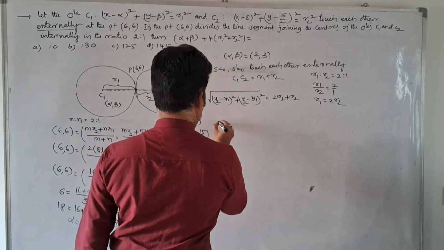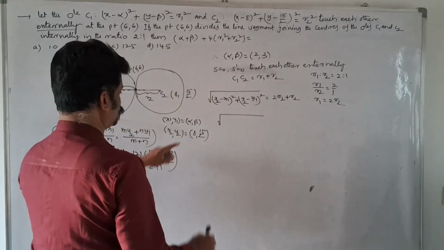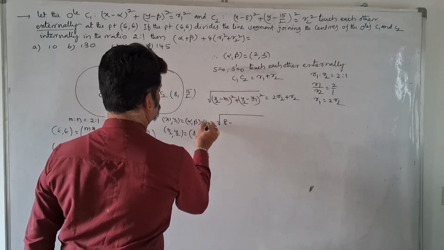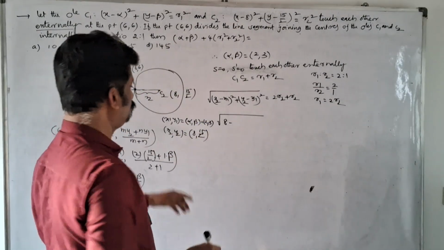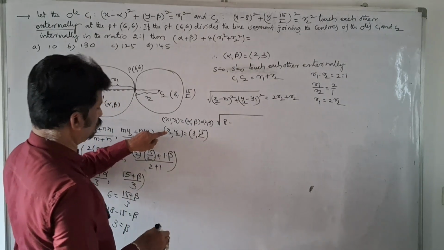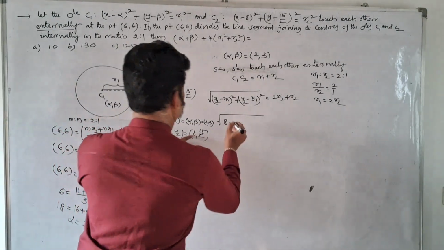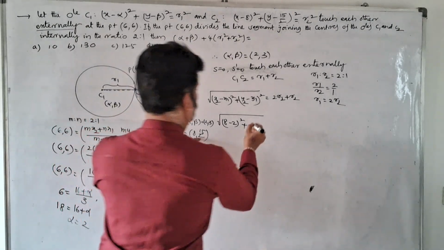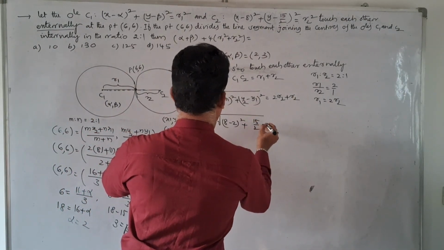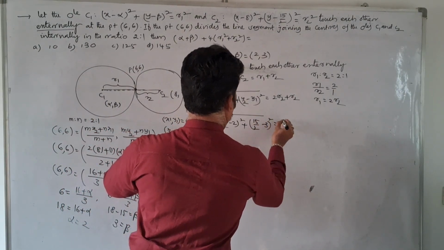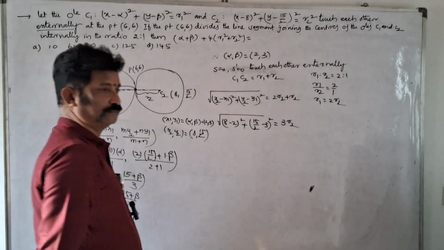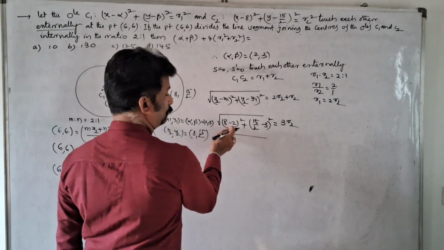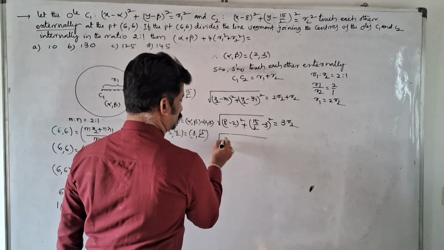So R1 is equal to 2R2 plus R, and this one is root over x2. x2 means 8, and alpha comma beta is equal to 2 comma 3. Now x2 minus x1 is 8 minus 2 whole square, plus y2 minus y1, 15 by 2 minus 3 whole square, is equal to 3R. Now simplify this one. 8 minus 2 is 6, 6 square is 36.